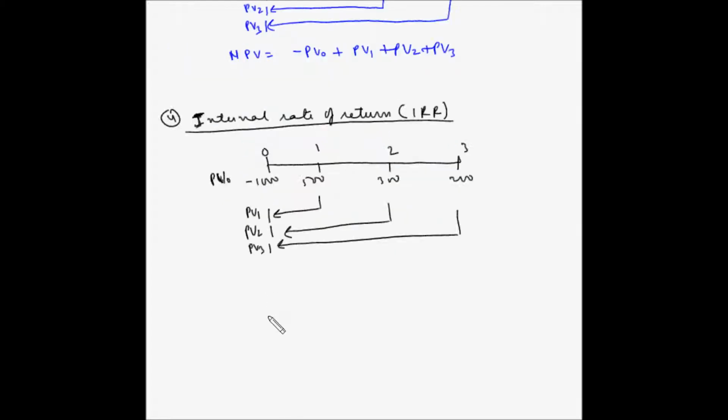In other words, at IRR, NPV is equal to 0.